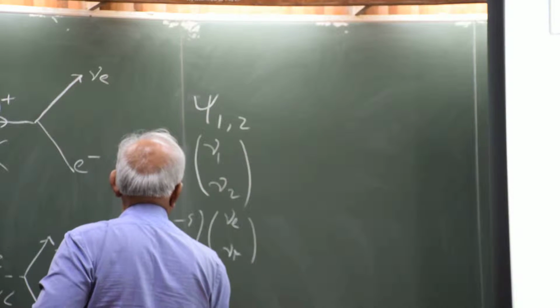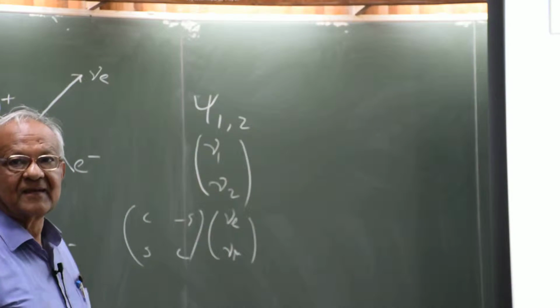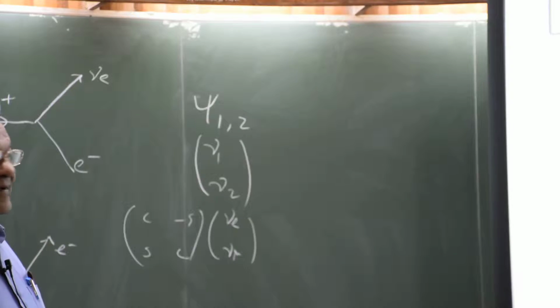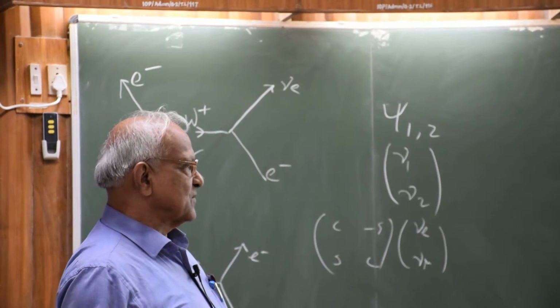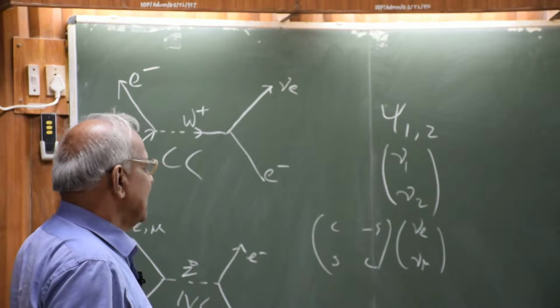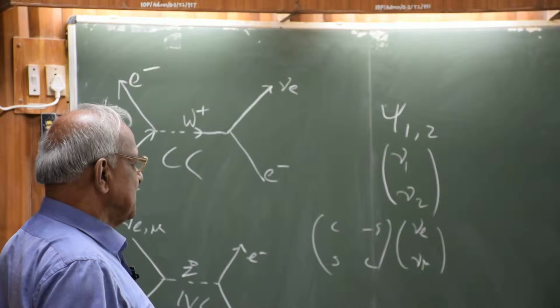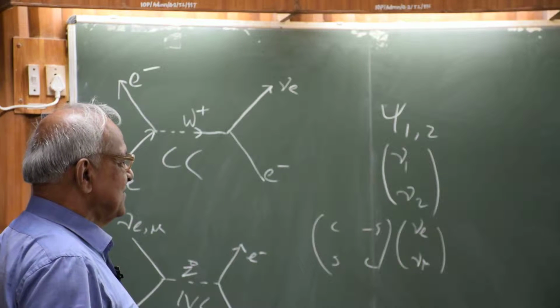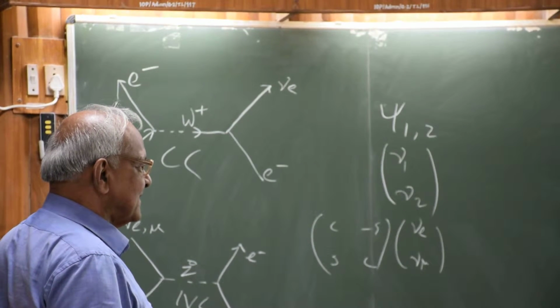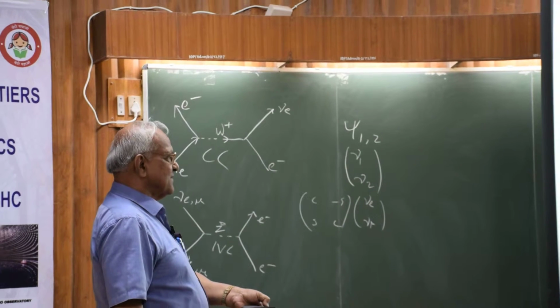On the left hand side also we have to put that cosine theta, sin theta factor, if you go from nu1, nu2 to nu E, nu mu, and that factor you can take to the right hand side as the inverse.